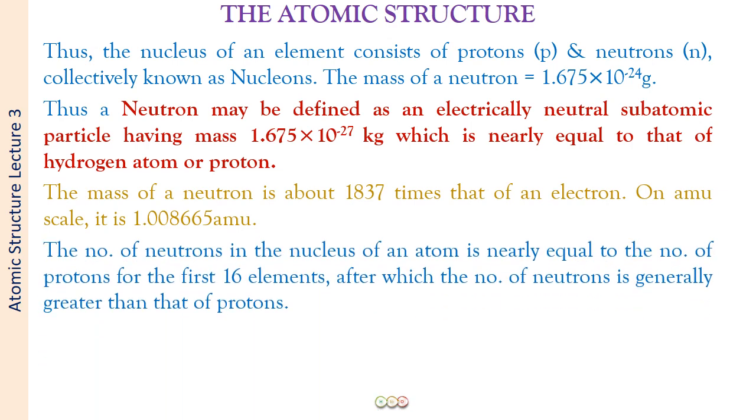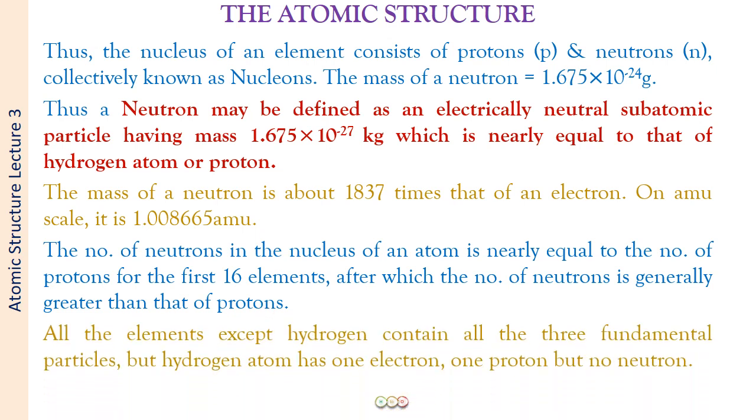So now, another point which you will realize later also, but worth mentioning here is that the number of neutrons in the nucleus of an atom is nearly equal to the number of protons for the first 16 elements, after which the number of neutrons is generally greater than that of the protons.